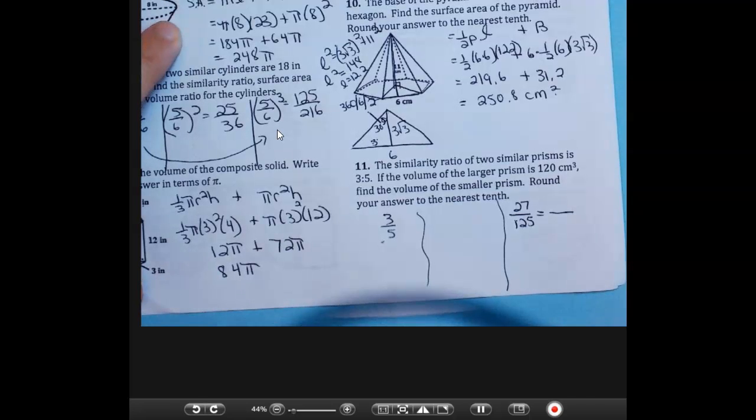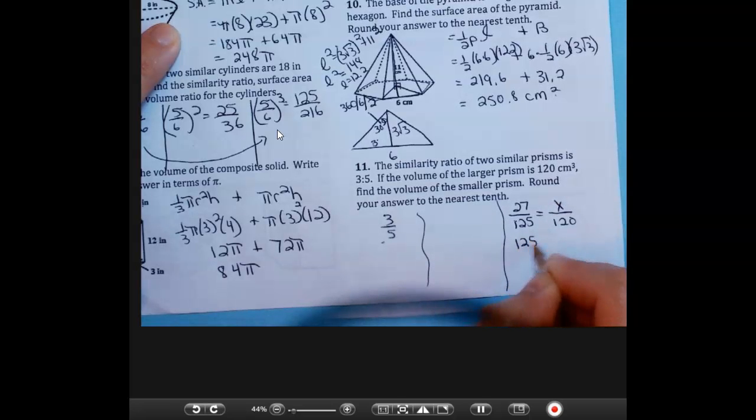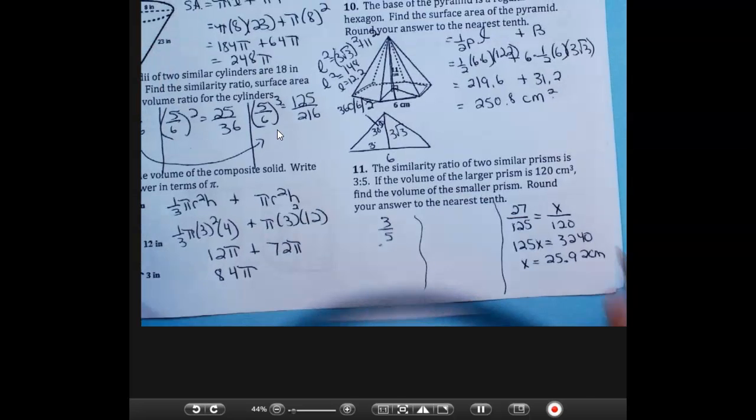Well, that means the larger goes down here, and I'm looking for the volume of the smaller. We're going to cross multiply. 125x equals 3240. We end up with x is 25.92 centimeters cubed.